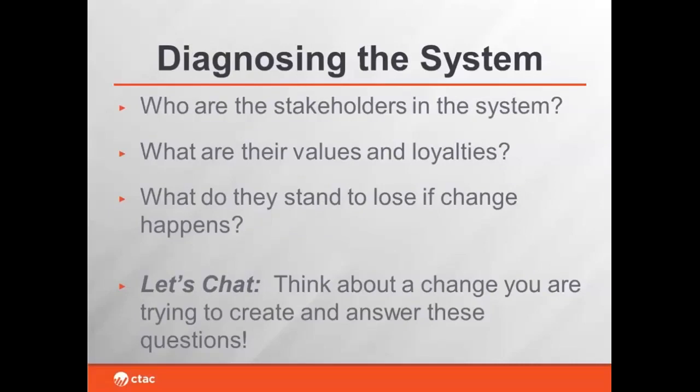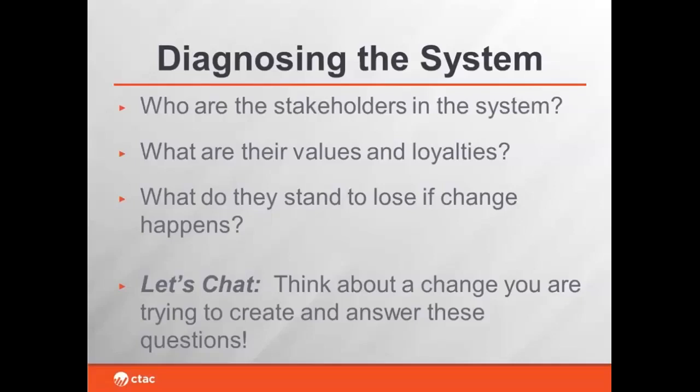Maybe the CEO is loyal to the board. Maybe the staff is loyal to the prior CEO, right? So these are things that are going on under the surface. What would they stand to lose if the change you want to see actually were to happen, right?